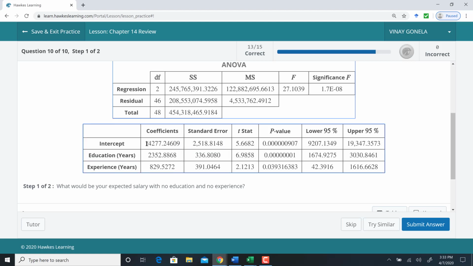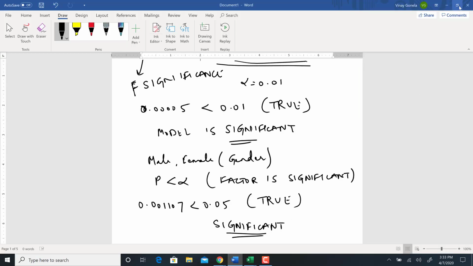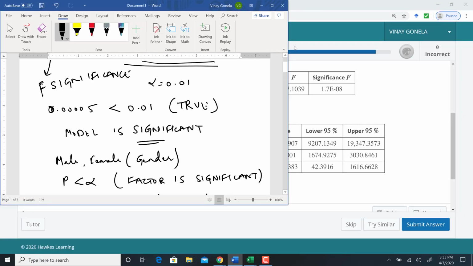Your formula would be this plus this times x1 plus this times x2. So I will write the formula. Let me see what would be the formula.